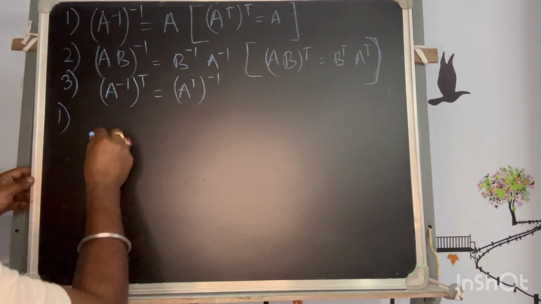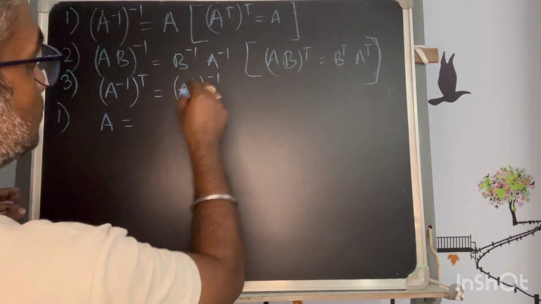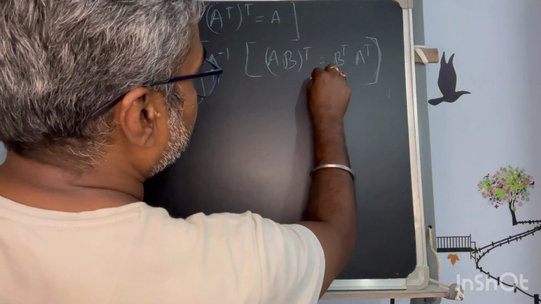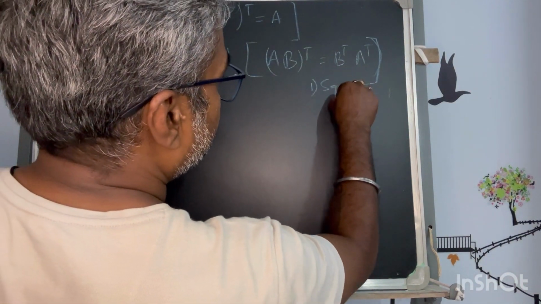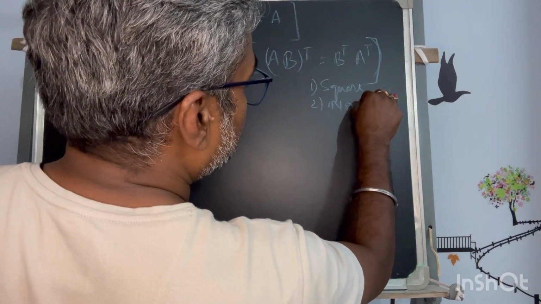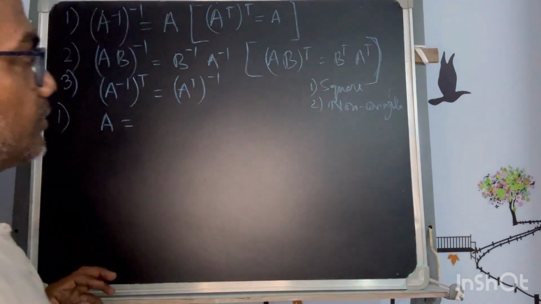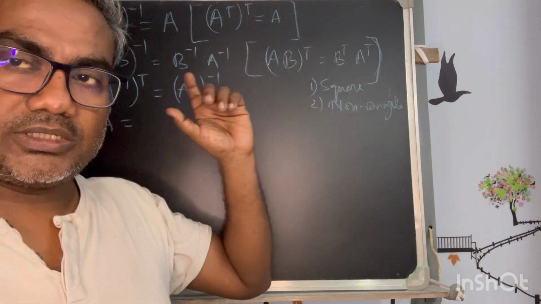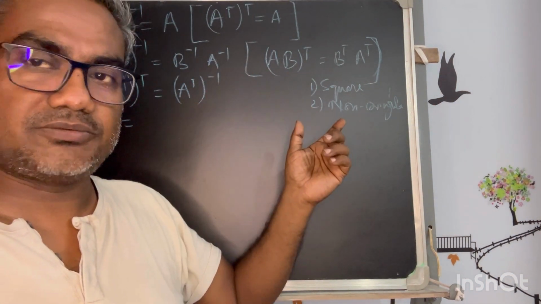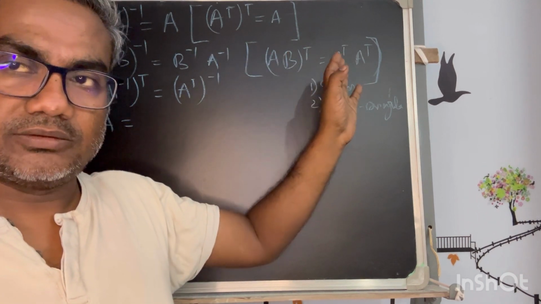In this case, for simplicity, I will take 2 into 2 order. For all this, the condition is that it has to be a square matrix, definitely non-singular. Wherever there is a multiplication, the matrix can be anything, even rectangular.